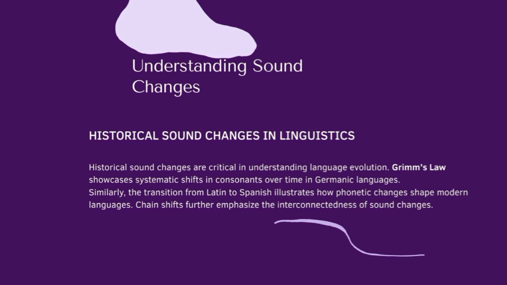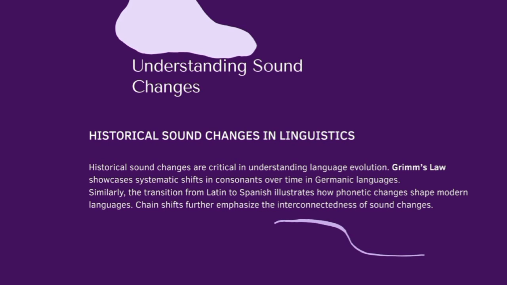For example, processes like assimilation and final devoicing are types of sound changes. Assimilation makes sounds more alike, and devoicing removes the voice from consonants at the ends of words.